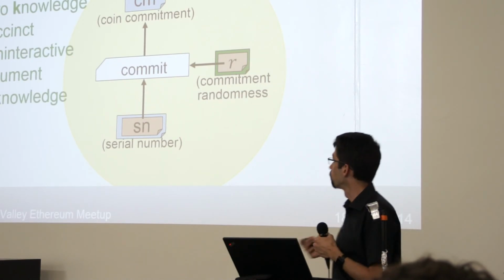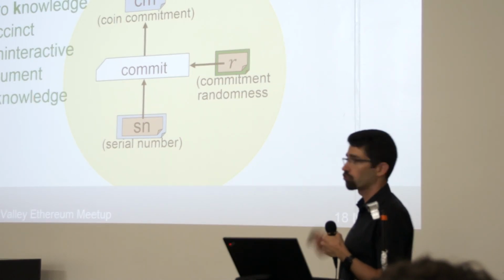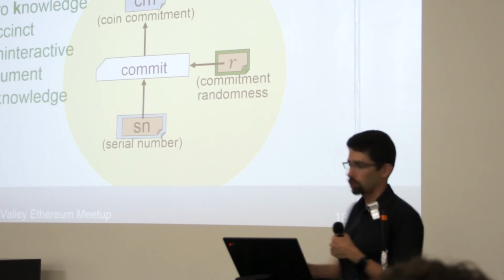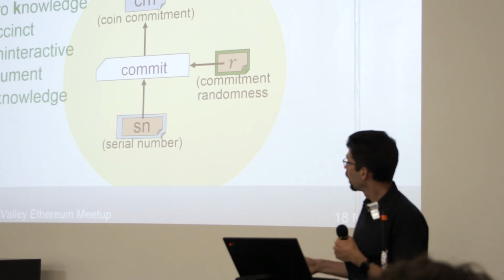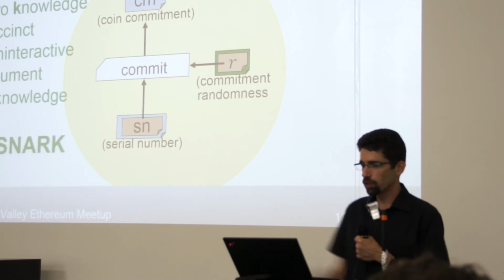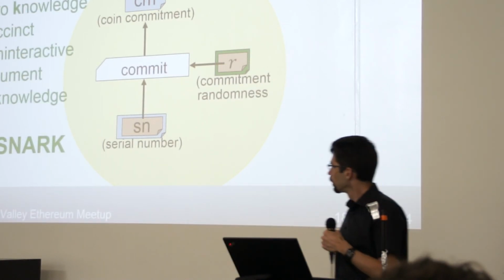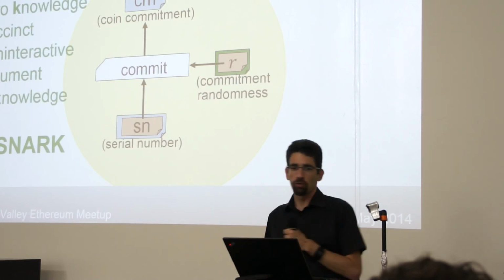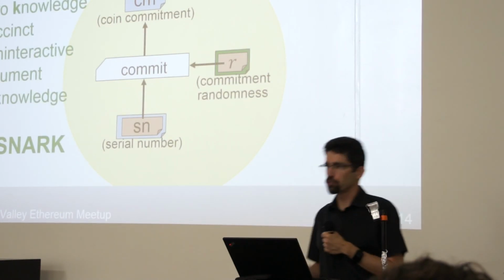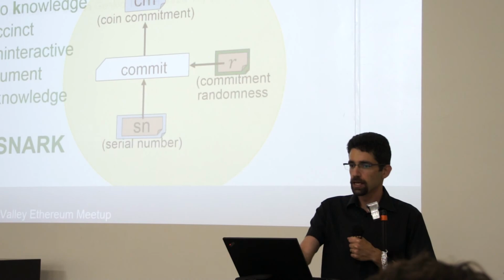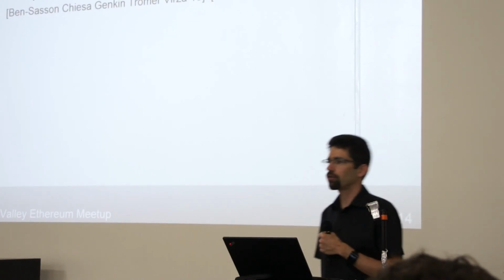Each one of these is necessary for the construction, and taken all together they suffice. Taking the acronym, we call it ZK-SNARK. That's the name of the cryptographic primitive that formally captures these properties. And ZK-SNARKs have a glorious history.